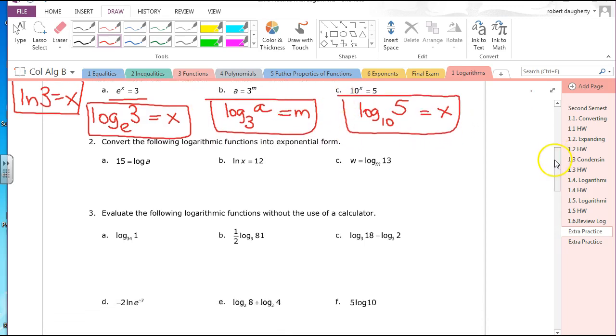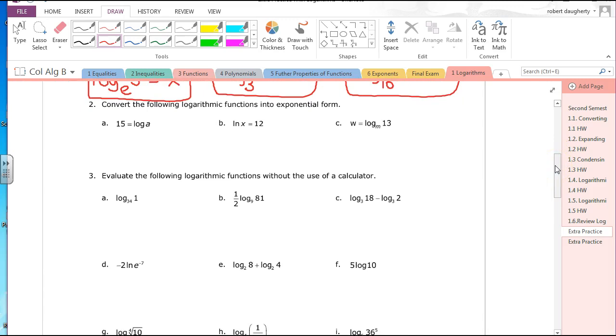Next set of questions, go from logarithm form to exponential form. I don't see a base here. That means base 10. So this means log base 10 of a equals 15. In exponential form, this means that 10 to the 15th power equals a.